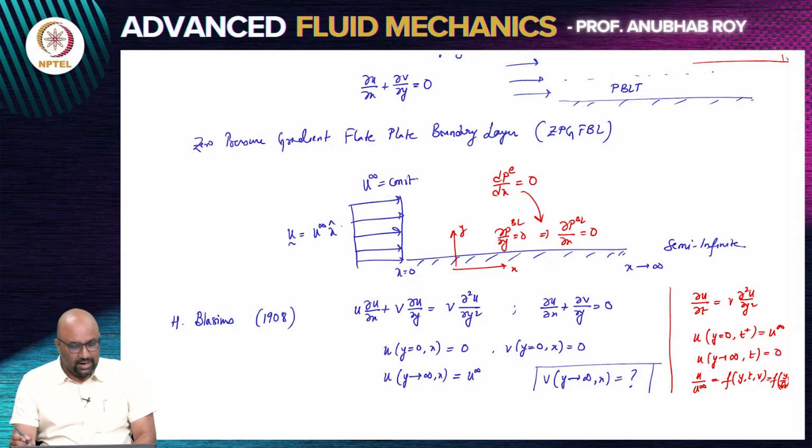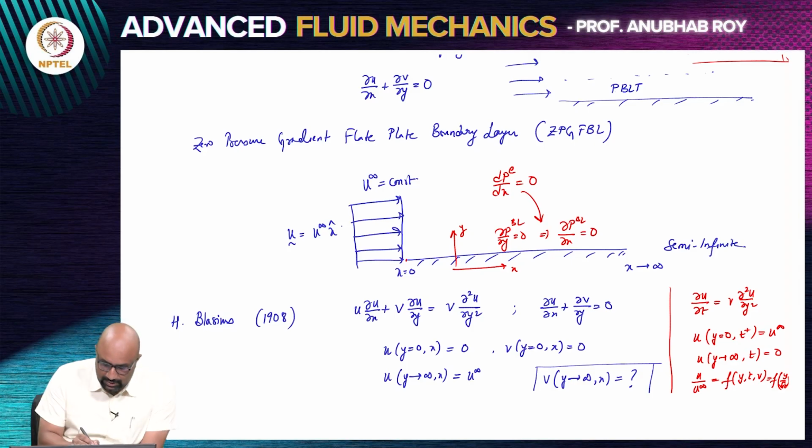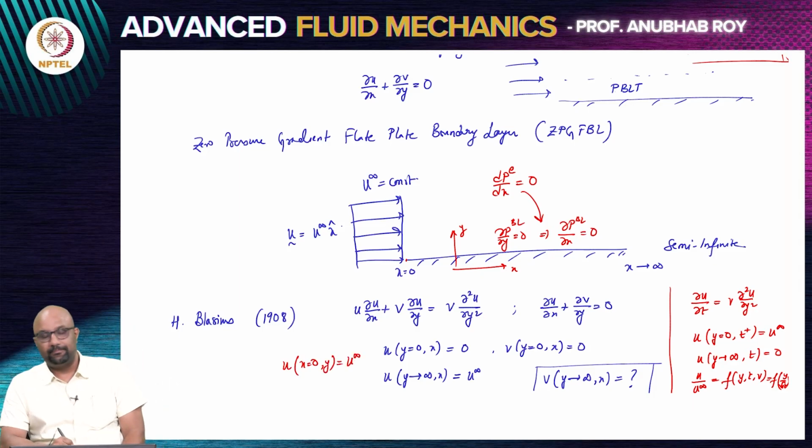What is the initial condition? The initial condition is at x equals 0. What is the incident flow? There is an initial condition here that u at x equals 0 for all y is u infinity. That's the inlet condition. So, inlet condition is like an initial condition in time.